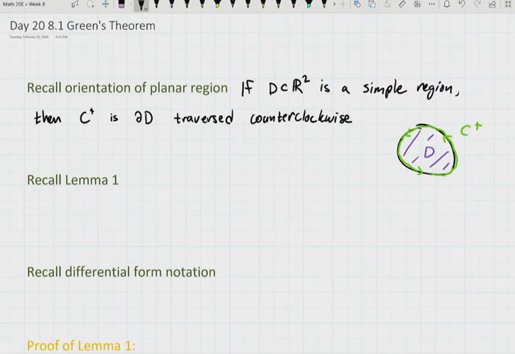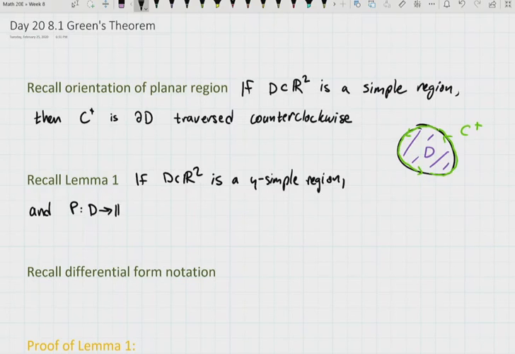What was lemma 1? It said, if D in R2 is a y-simple region, and we have a C1 function on it, say P from D to R is continuously differentiable.